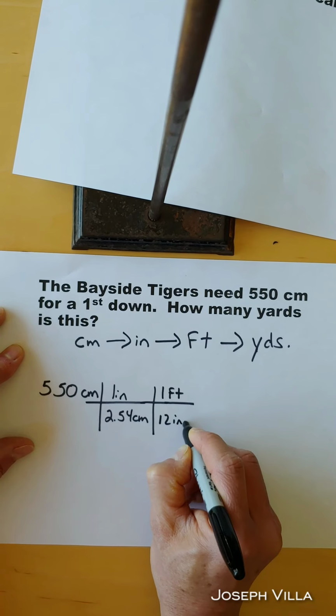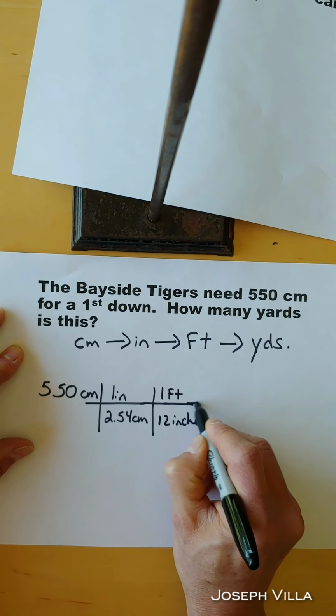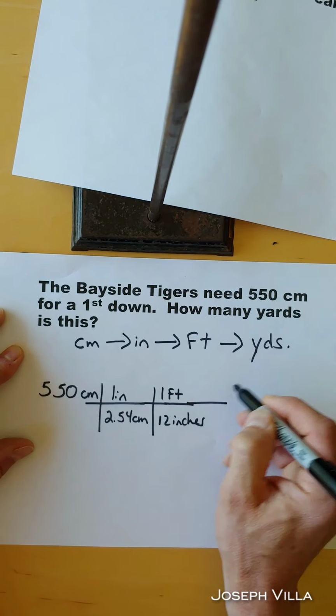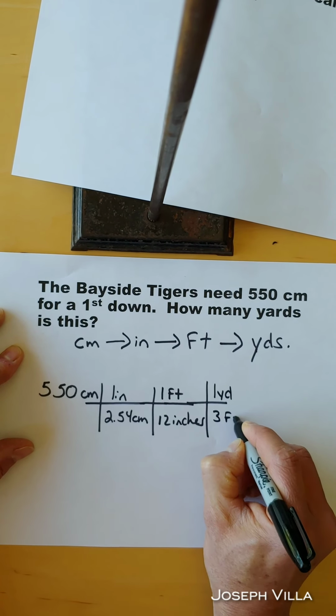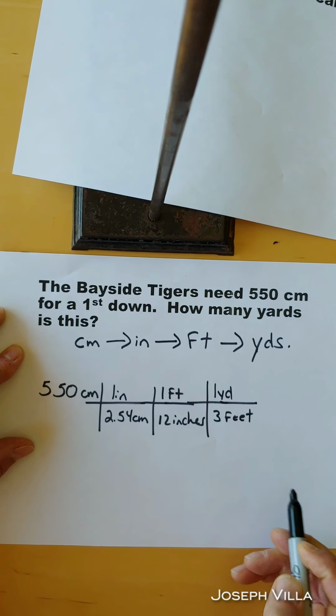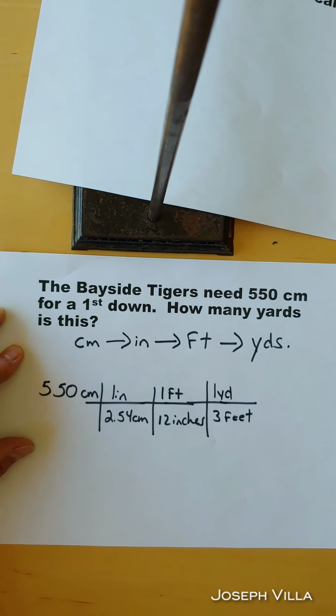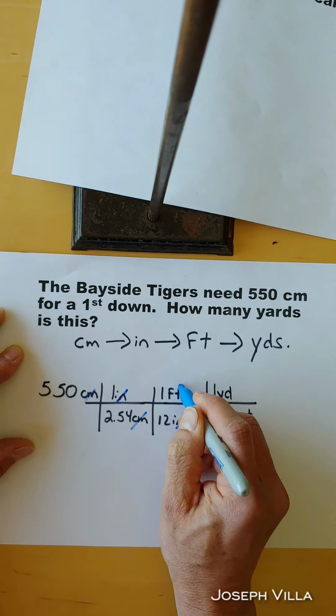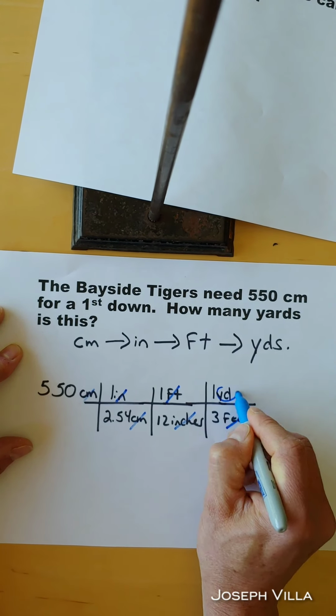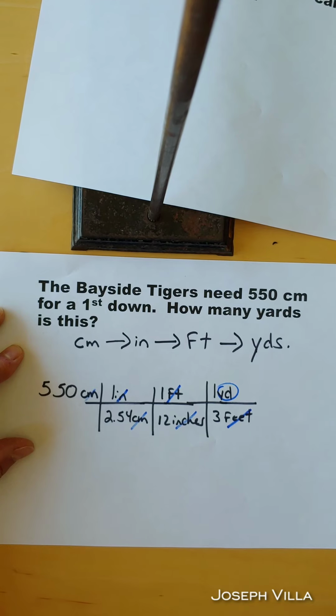That's 12 inches. And then now I'm in feet, and I want to go to yards. So 1 yard is 3 feet. So with 550 centimeters, units of centimeters cancel, units of inches cancel, feet cancel, and I'm left with the units that I wanted, and that was yards.